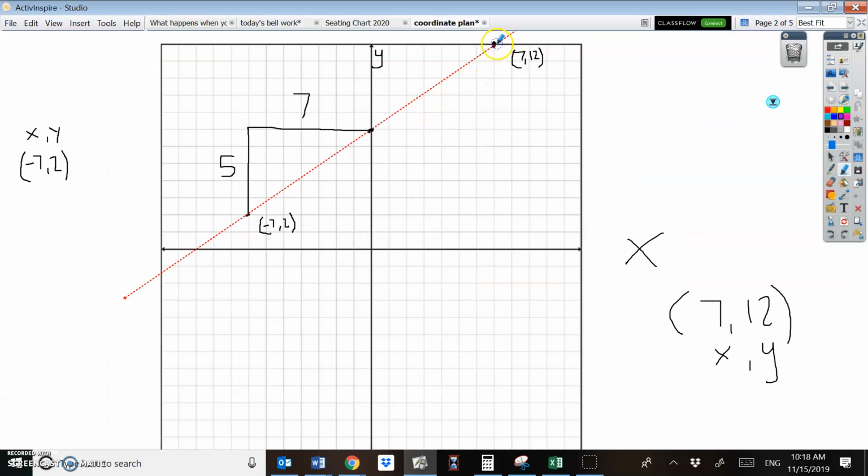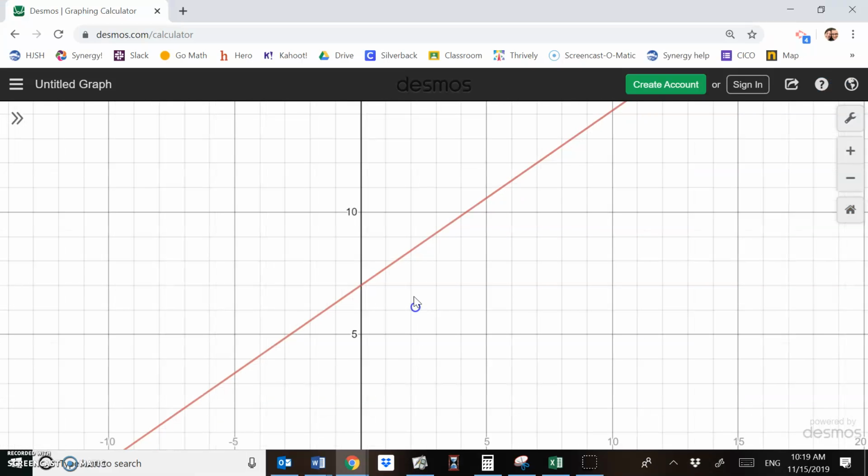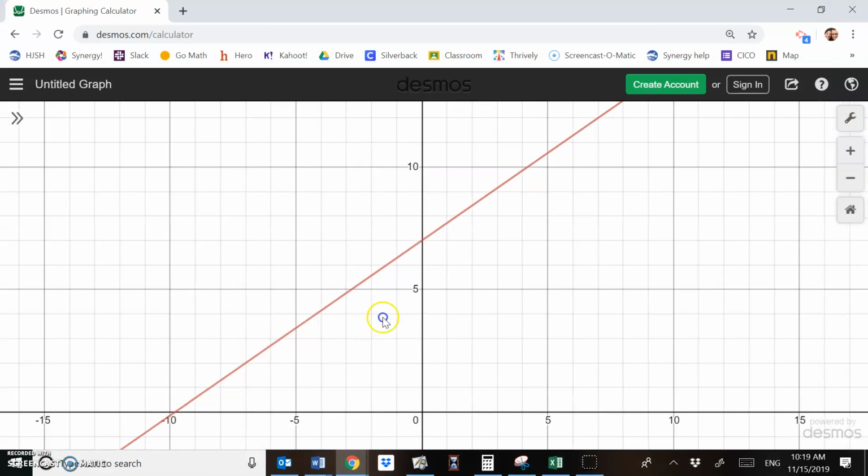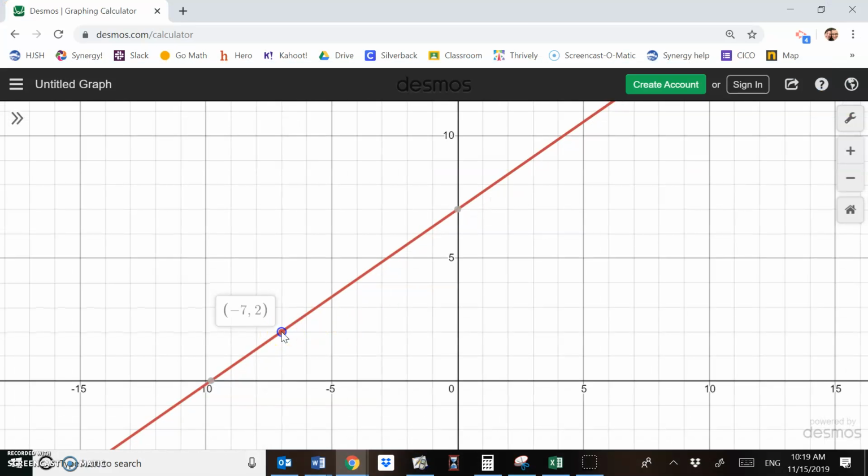This passes through the point 7, 12. This passes through the point negative 7, 2.